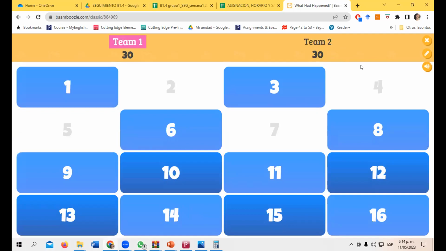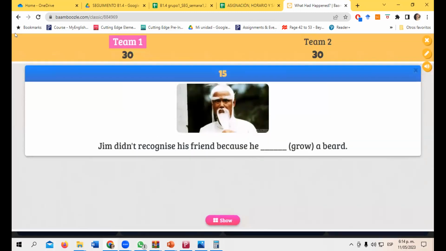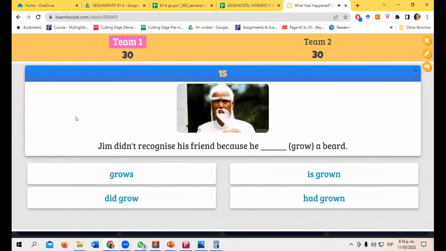Group number 1. Let's see, Sylvia. Number 11. Jim didn't recognize his friend because he grew a beard.